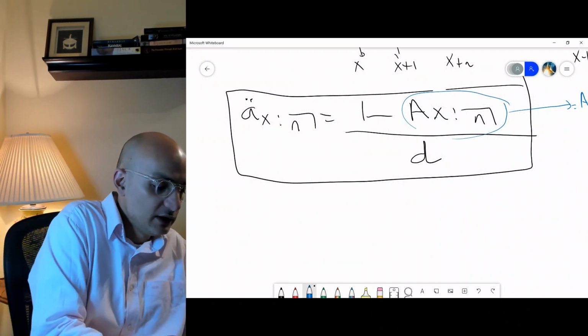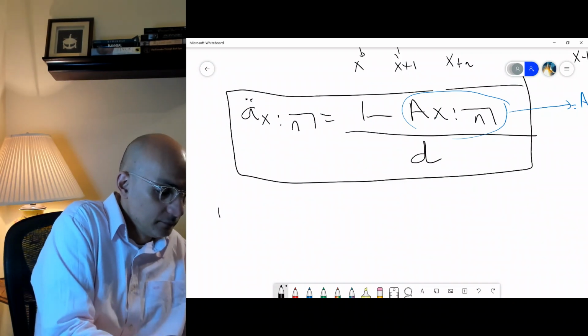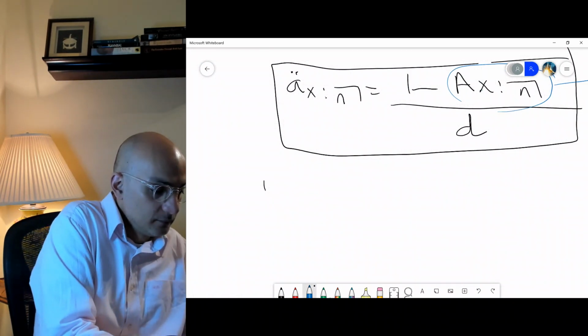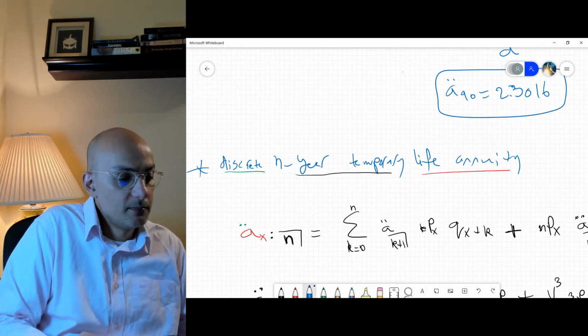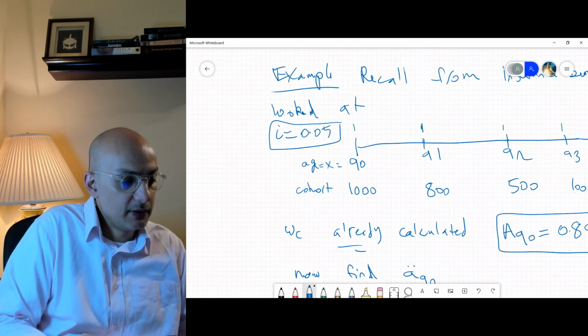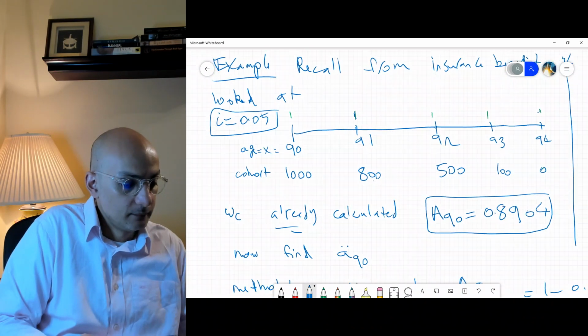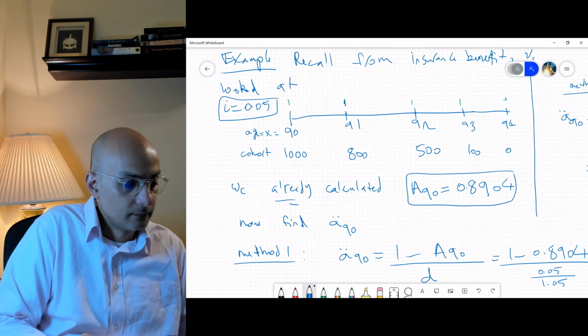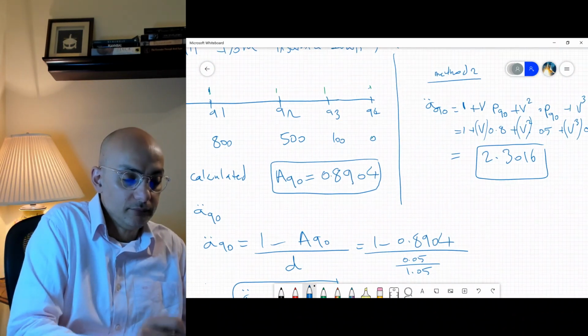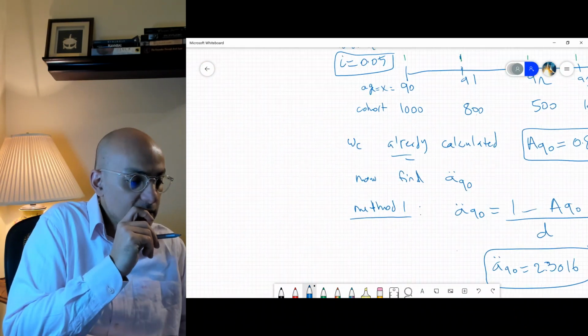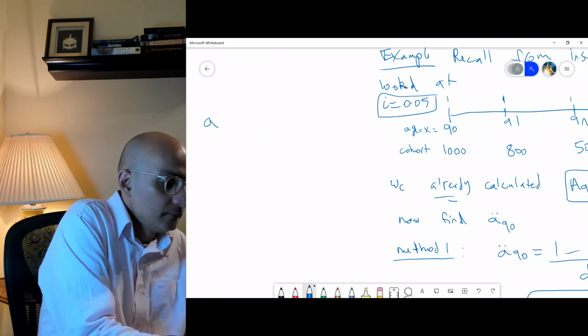But let's take one example here. Or instead of taking a new example, let's go back to the same example we did here. Now we calculated this one. Now let's calculate a 90 for 2 years.